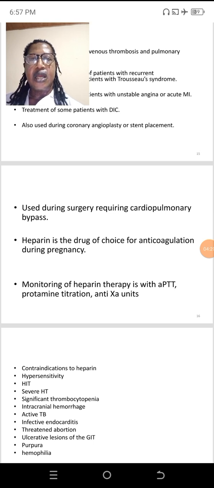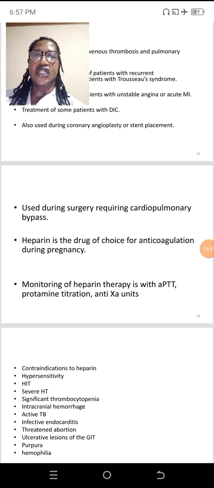Then, what happens when there is toxicity to heparin? Toxicity to heparin usually will manifest as bleeding. So, in this situation, the heparin should be discontinued. In a lot of cases, this alone will suffice to reverse the toxic effect.